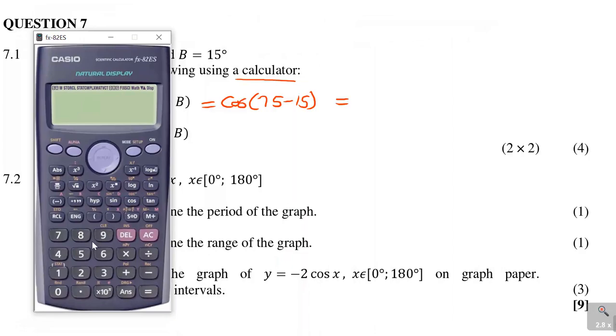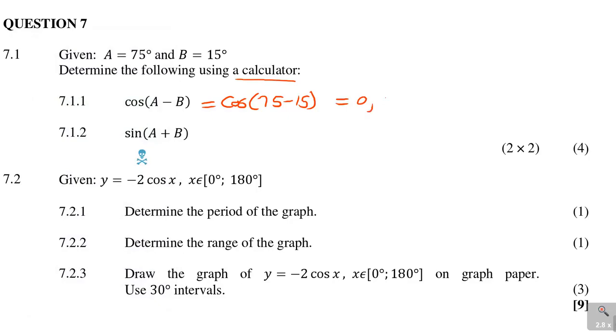So cos of 75 minus 15 gives you half, which is 0.5. So it's good. Now they said leave your answer to 3 decimal places unless otherwise stated. So your calculator gave you 0.5. This will be wrong if you don't follow the instructions.